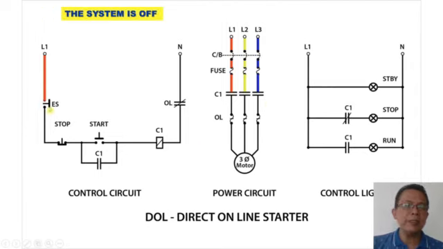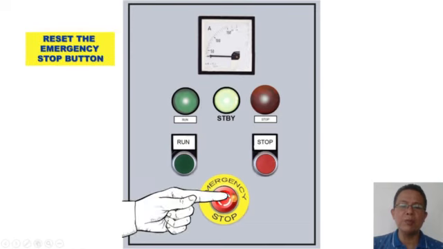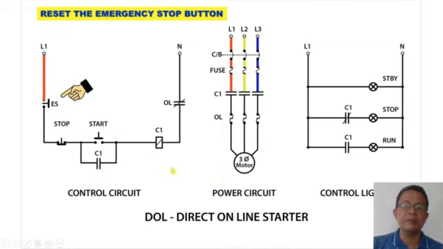Since we pushed the emergency stop button, it holds in the open position. Here, we have to reset the button. By just turning the emergency stop button, we reset the system and it is ready to use.